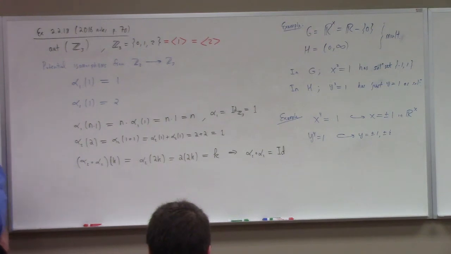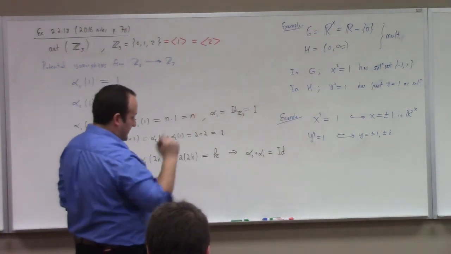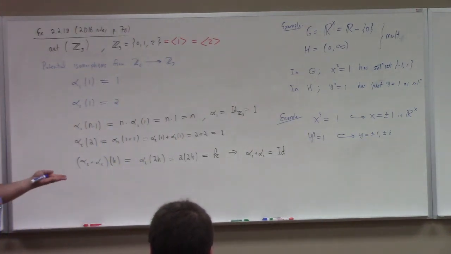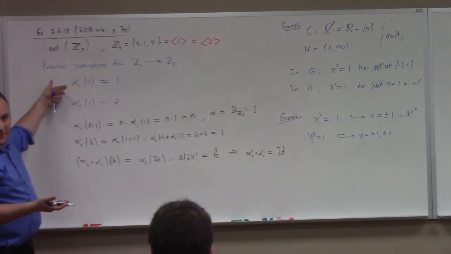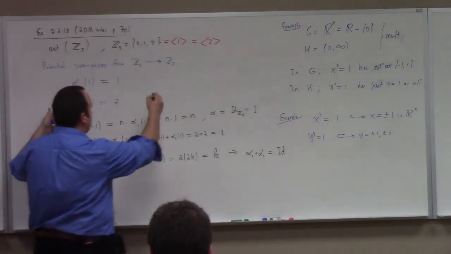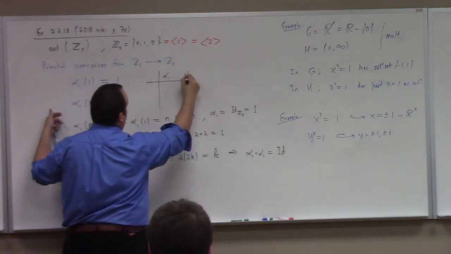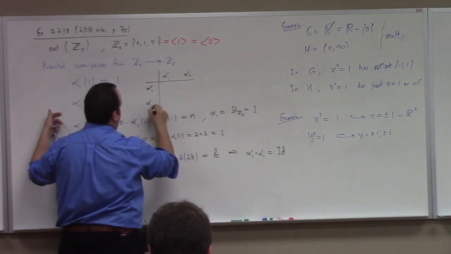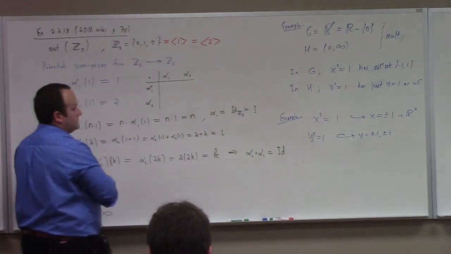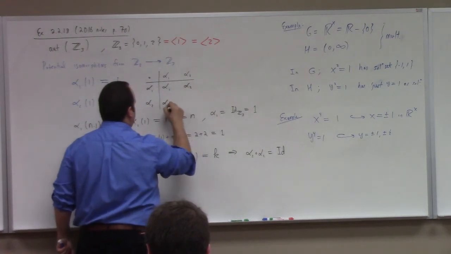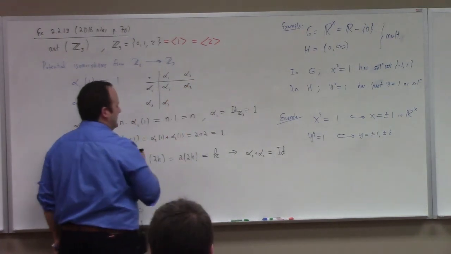So if you believe me about your future test question, that the set of automorphisms forms a group, then this should be a group, right? What's the group we're looking at? We've got the identity, and we've got this alpha 2. What's its multiplication table? I'll do the easy one. Wait a minute, there are only easy ones here.